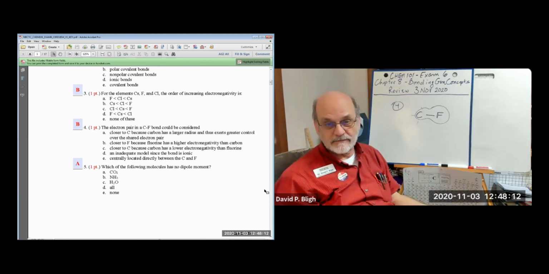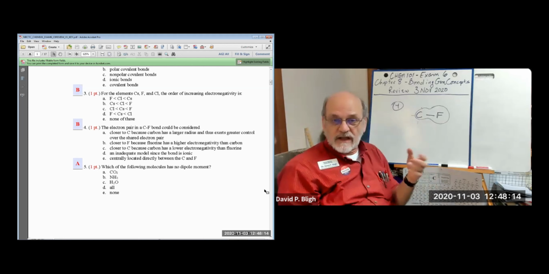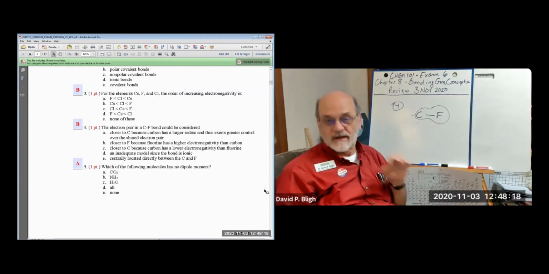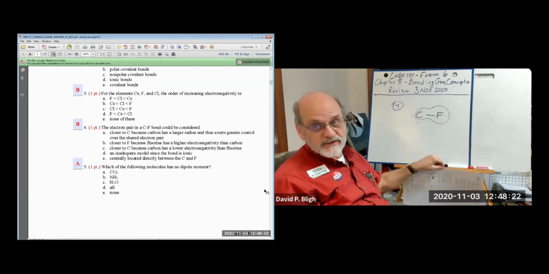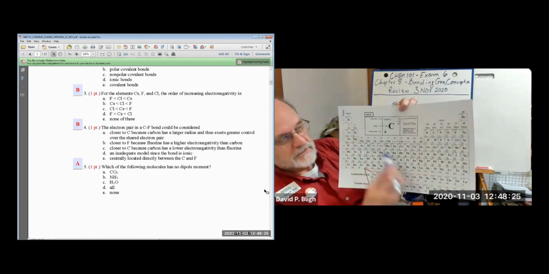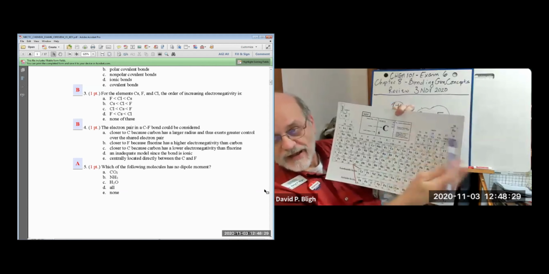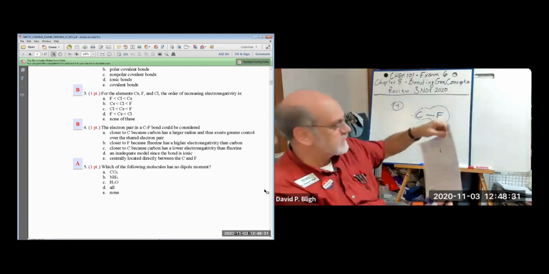So A can't be it. B, the electron pair is closer to fluorine because fluorine has a higher electronegativity than carbon. That is true, and you can determine that from the periodic table itself. You just look at where they are. Carbon is here. Fluorine is to the right of carbon, so it has a higher electronegativity.